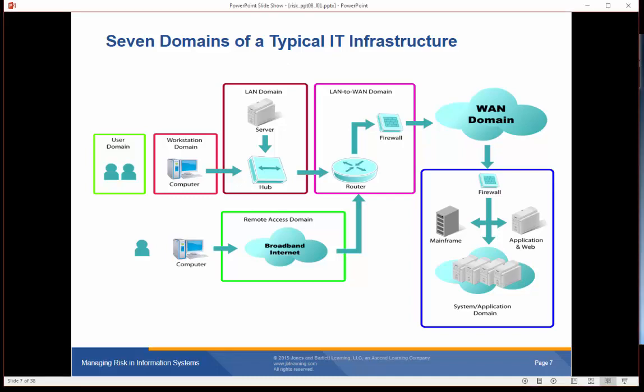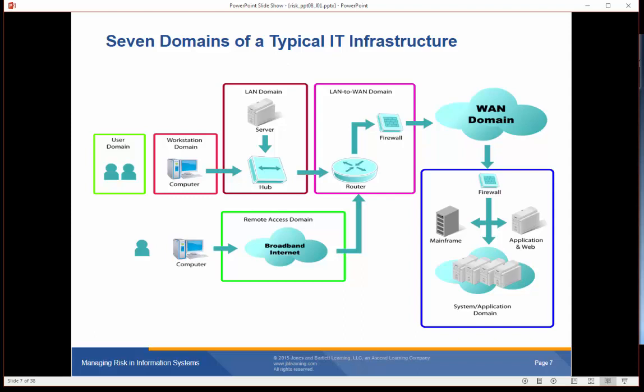Let's move on to the WAN domain. For many businesses, the WAN is the internet. However, a business can also lease semi-private lines from private telecommunications companies. These lines are semi-private because they are rarely leased and used by only a single company. Instead, they are shared with other companies. As mentioned in the LAN to WAN domain section, the internet is an untrusted zone.